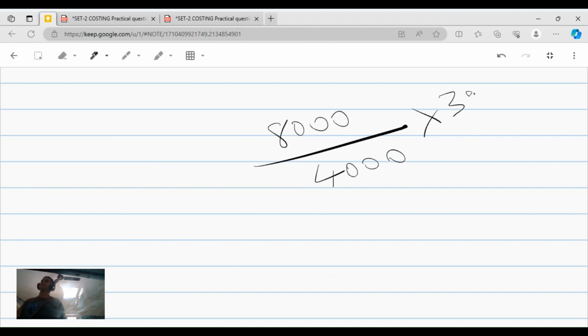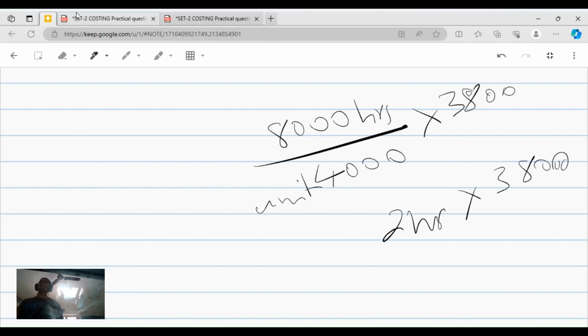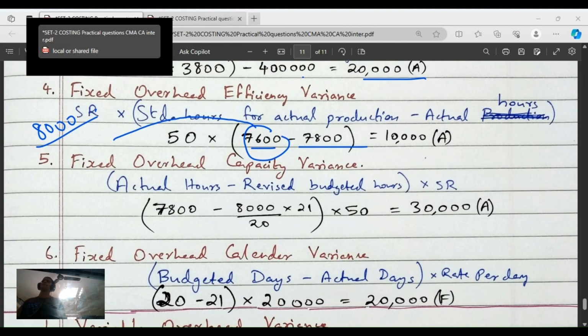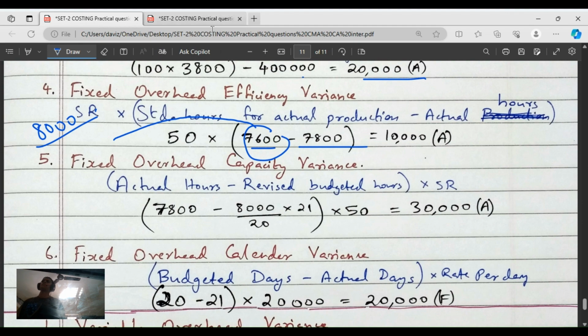So how many hours for 3,800 units? 8,000 hours for 4,000 units, so for 1 unit 2 hours, into 3,800 units actual.